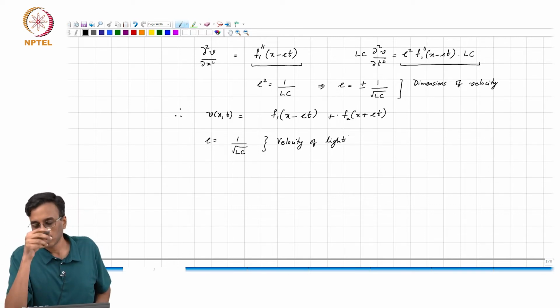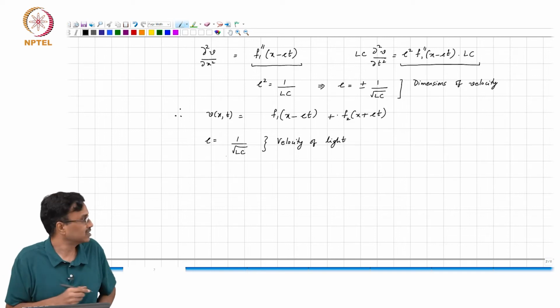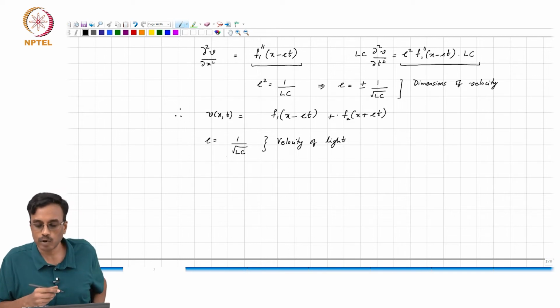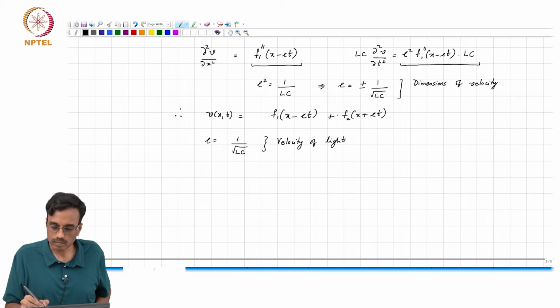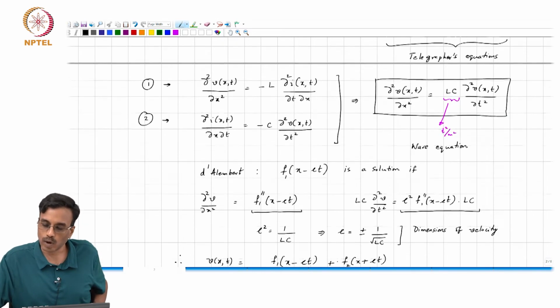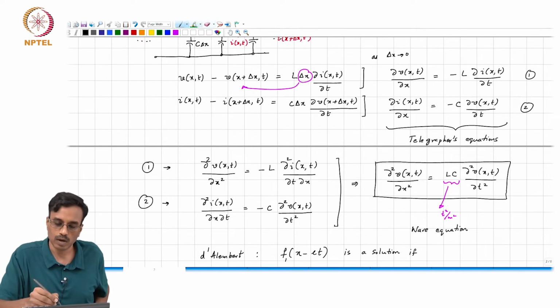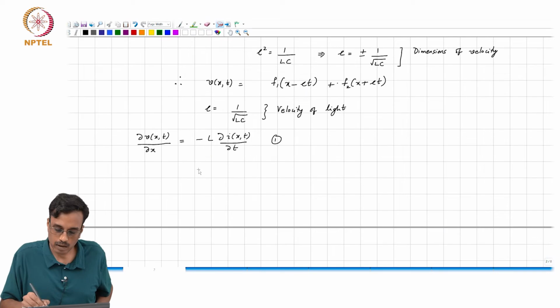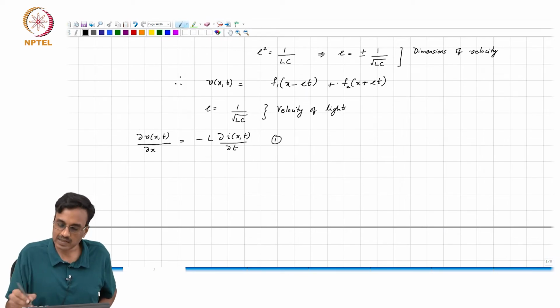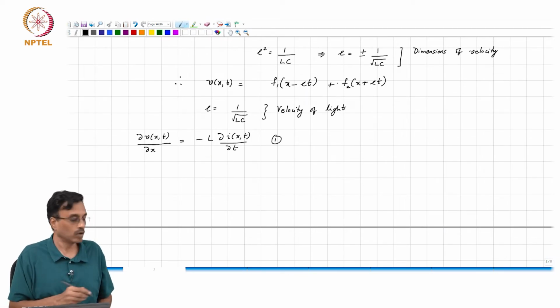All right. Now, well, that is the voltage. What comment can we make about the current? Once we know the voltage, we go back to this thing here. Let us say the voltage is f1 of x minus ct.